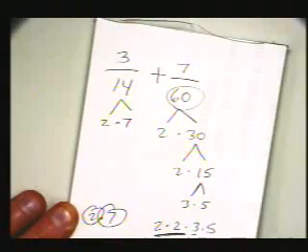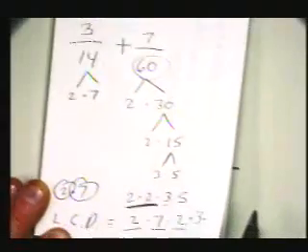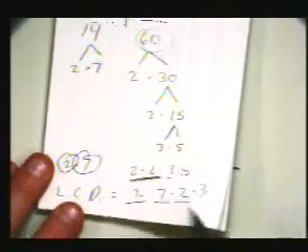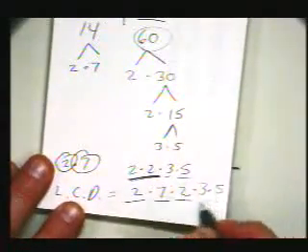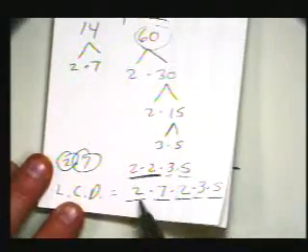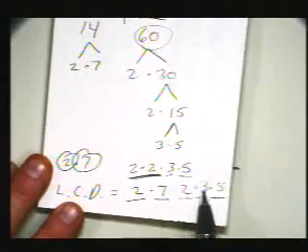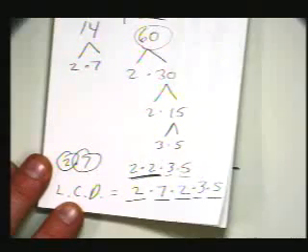Then we do need a factor of 3, and then we also need a factor of 5. So our final answer will be 2 times 7 times 2 times 3 times 5. That will be the common denominator for 14 and 60.